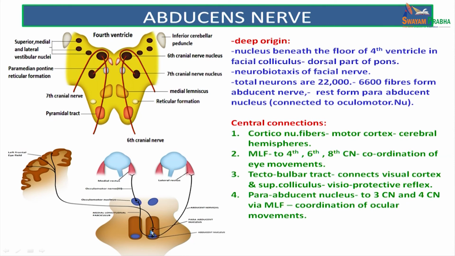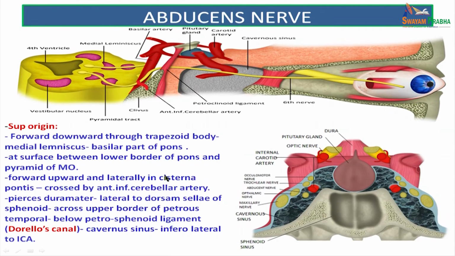It has connections with the para-abducent nucleus, where the para-abducent nucleus gives out most of the fibers of the abducent nucleus and is connected to the third and fourth cranial nerve via the medial longitudinal fasciculus for the coordinated ocular movements. The superficial origin of the abducent nerve.